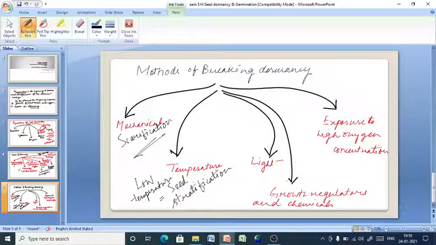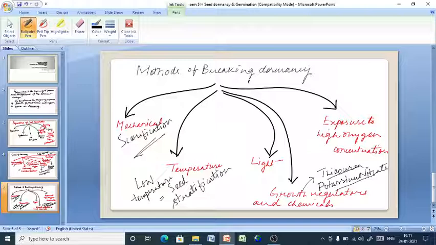So, growth regulators, thiourea, and potassium nitrate. Potassium nitrate can induce germination.